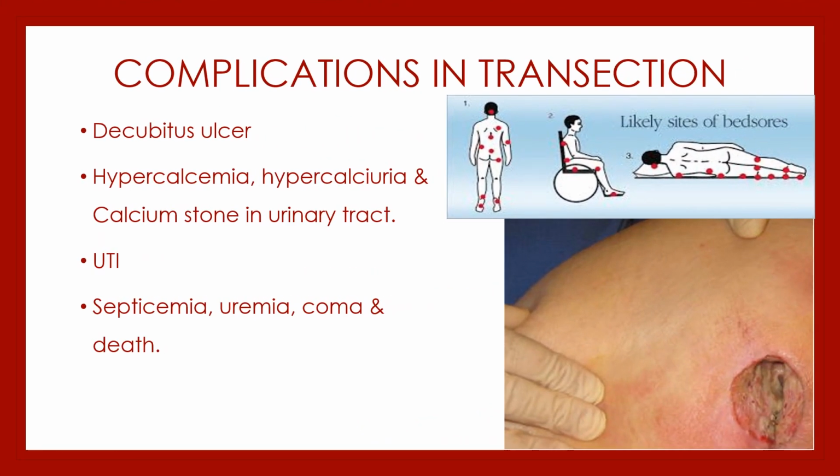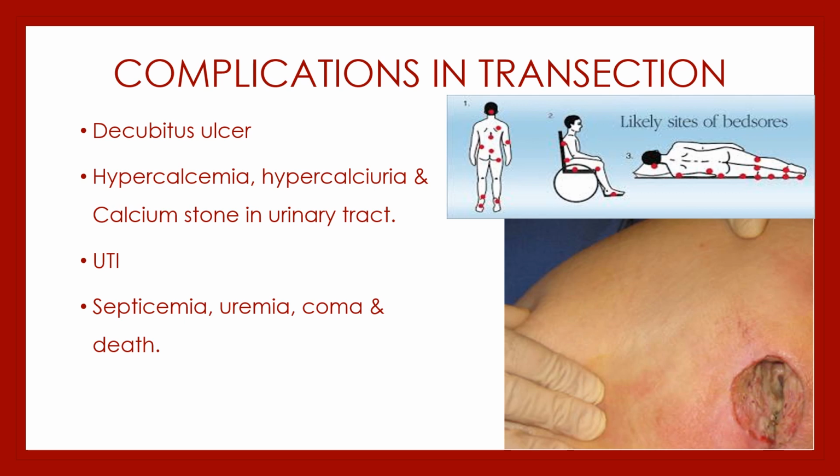So complications of the transection. So patients with the spinal cord transection, they will not be mobilized. So they may be either paraplegic or quadriplegic. So they can develop the following complications: decubitus ulcers.